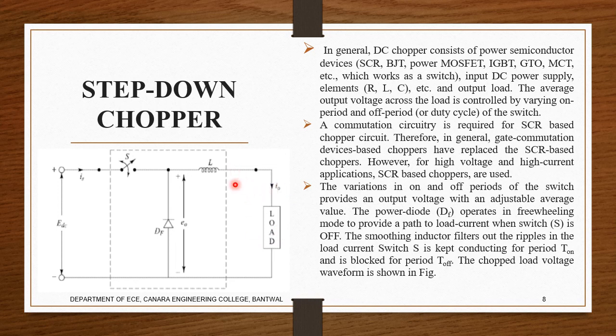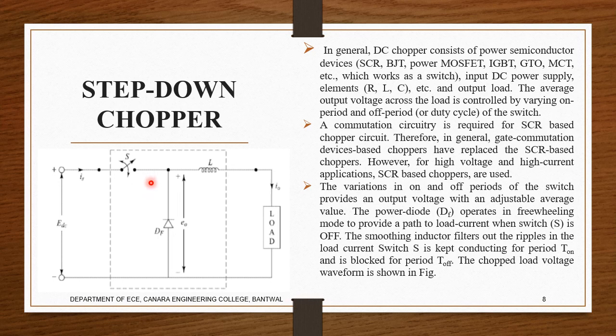The average output voltage across the load is controlled by varying the on and off period of the switch. What I explained about step up and step down depends on this only. We can control this and make it on and off for the required time.